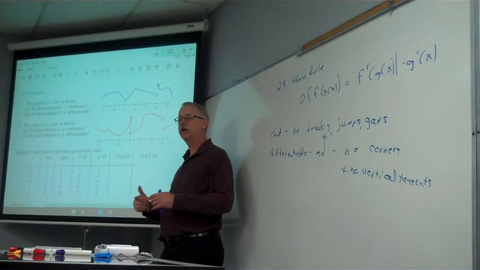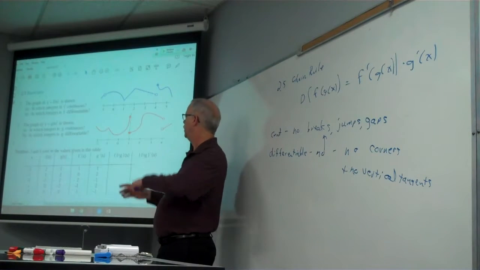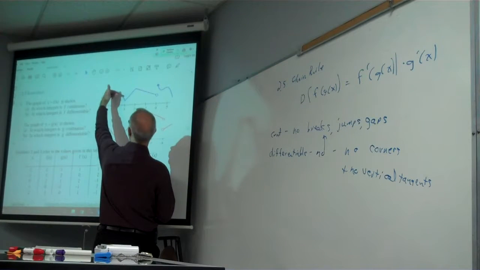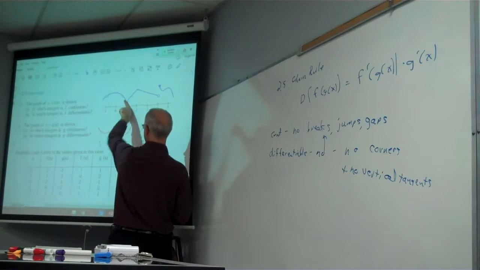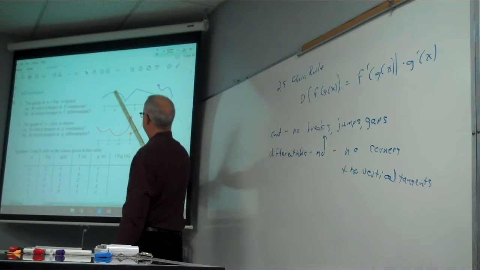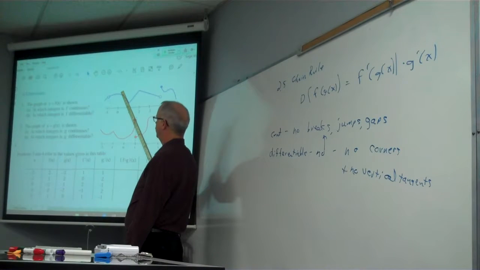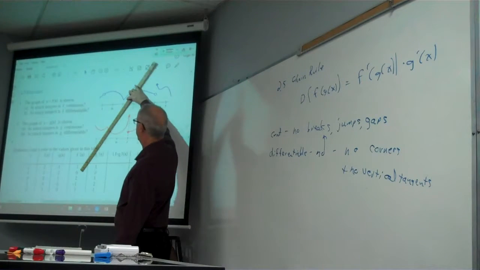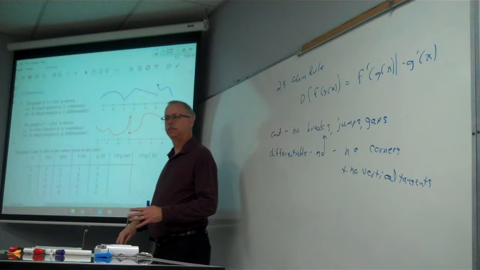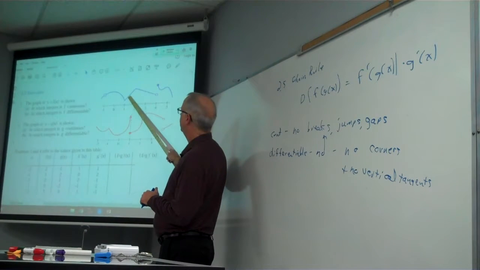So what direction are we headed right at 1? Well, we don't know, because from one side we're headed downward fairly rapidly. So from one side it looks like that's the slope of the tangent line, but on the other side there's an abrupt change. The function's not differentiable there. Similarly at 2, there's a corner.